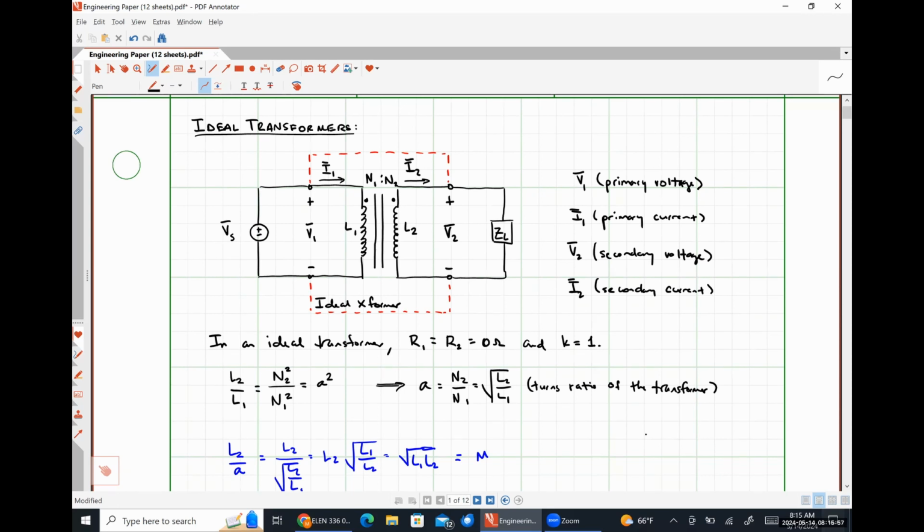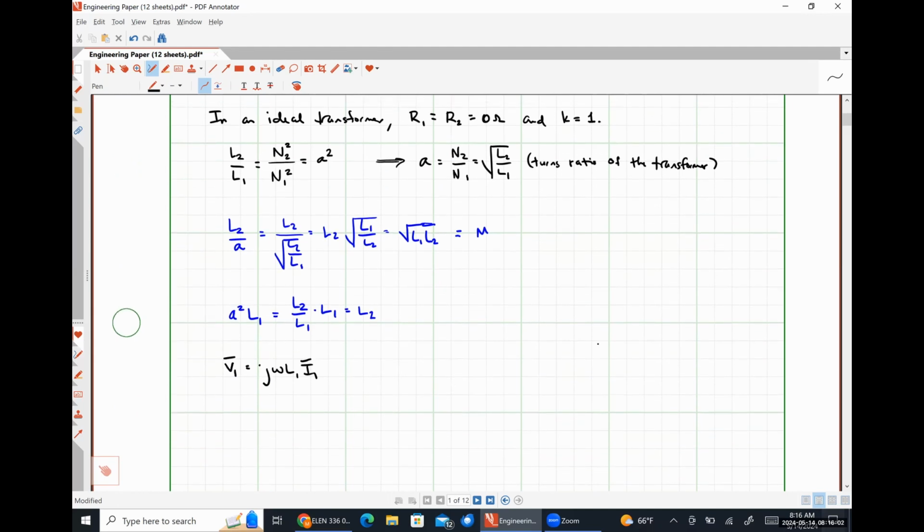So that one should have a negative sign, right? So we'll have j omega L1 I1 minus j omega M I2. Are we all okay with that?